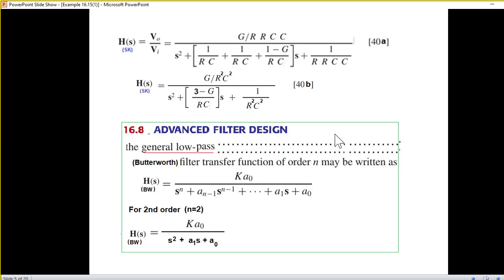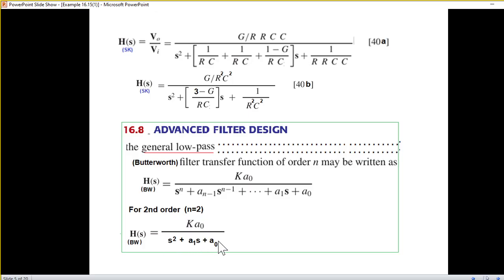Now, from the book, if we find the general definition or general filter transfer function of an nth order Butterworth filter, it will be as shown here. We are mainly concerned with the denominator. And for second order, we'll just put n is equal to 2 in this equation.